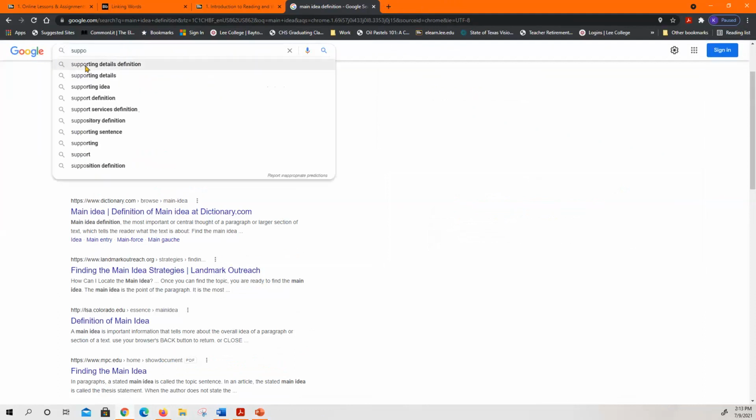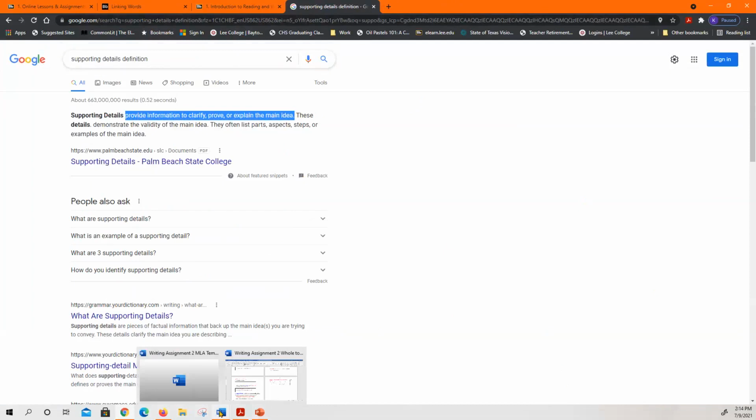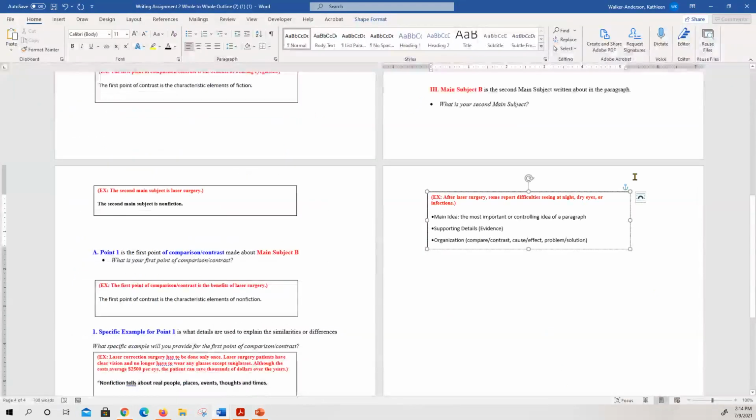So supporting details definition. They provide information to clarify, prove, or explain the main idea. And I'm going to keep this definition as it is, so I'm going to copy and paste that, but put quote marks. And the quotes are just telling me, myself, and my reader that I know this information is not mine. I got this information from somewhere else.